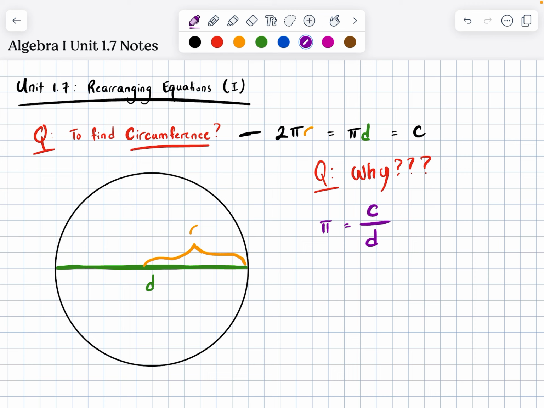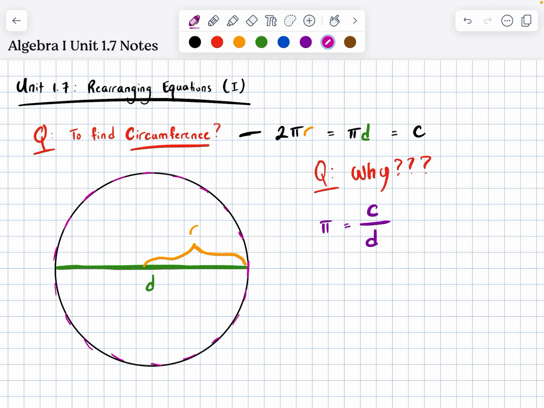I don't know really how to measure a curved length, but if I take the diameter, which is a straight line that I do know how to measure, if I imagine wrapping the diameter around the circle, then that would be another way to calculate the circumference. So if I measure the circumference in terms of the diameters, it takes approximately 3.14 diameters to go all the way around the circle, meaning if I take the circumference, I can divide it into 3.14 diameters.